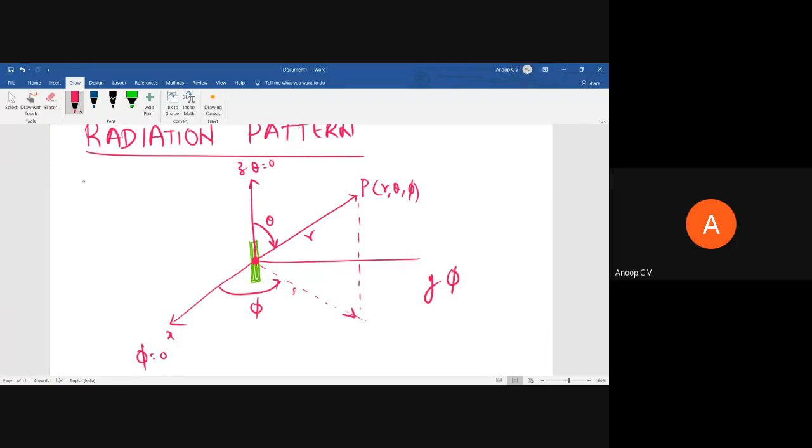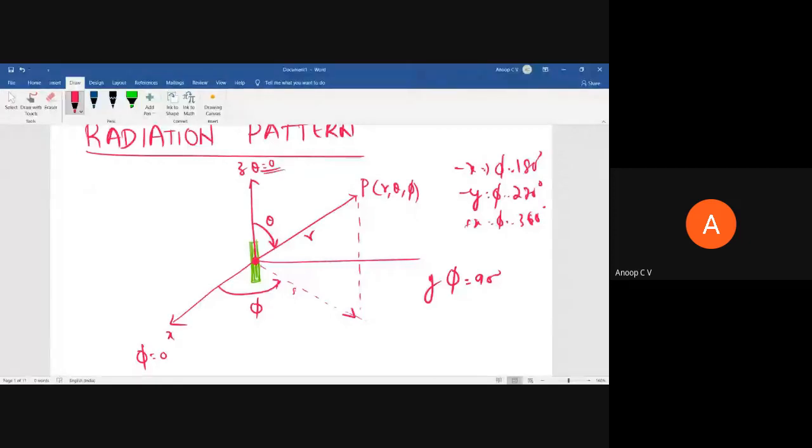The y-axis is phi equal to 90 degrees. The negative x-axis is phi equal to 180 degrees, the negative y-axis is phi equal to 270 degrees, and again the positive x is phi equal to 360 degrees. Similarly, the positive z-axis is theta equal to 0.